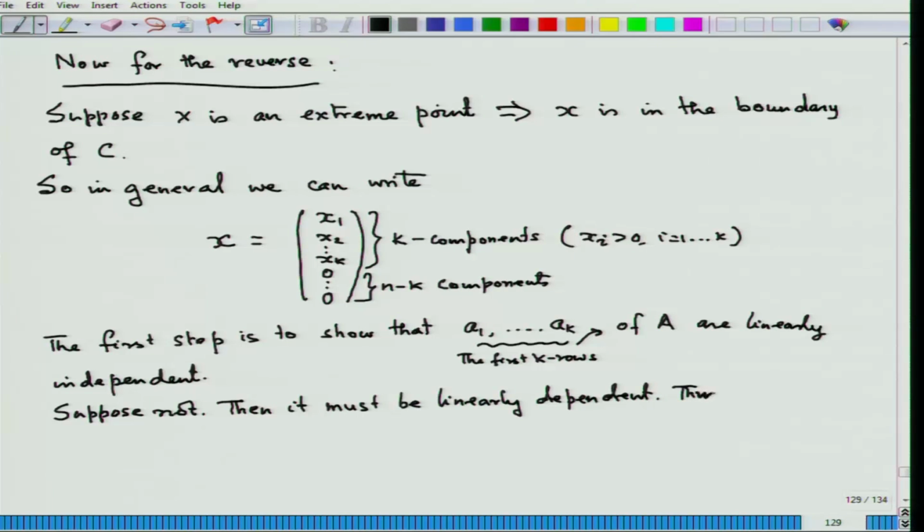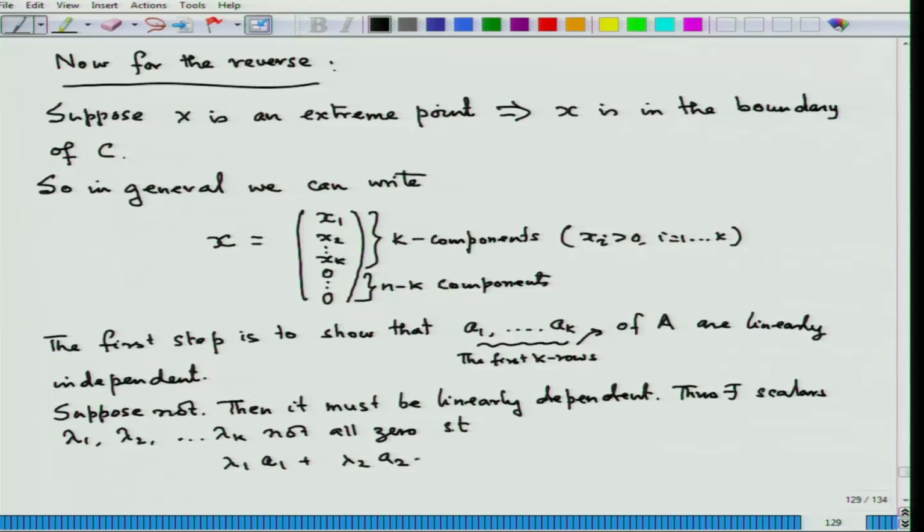Thus, there exist scalars, which are real numbers because we are in a real field, lambda 1, lambda 2, up to lambda k, not all 0, such that lambda 1 a1 plus lambda 2 a2 and so on, this linear combination, is actually 0.